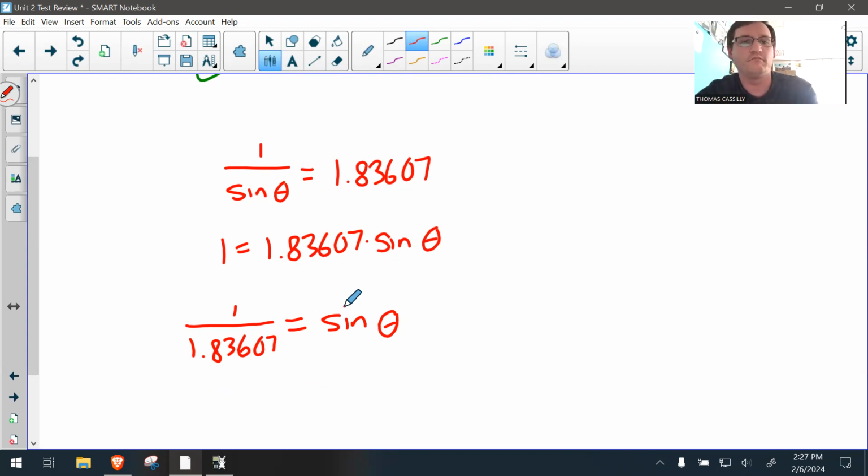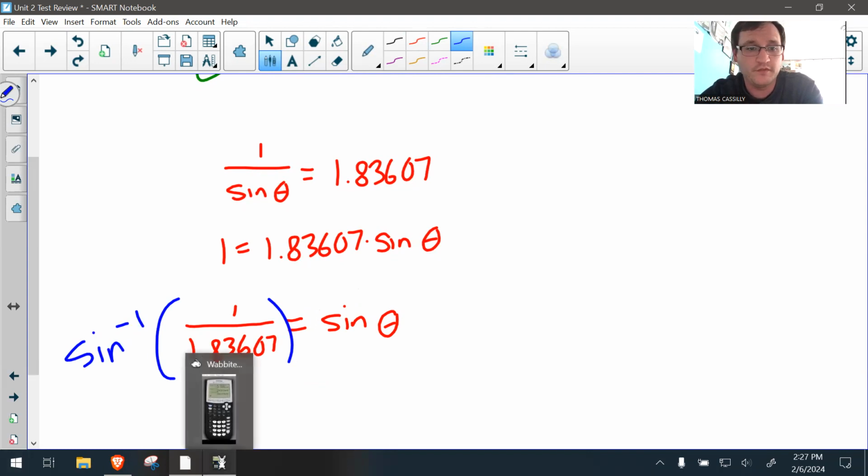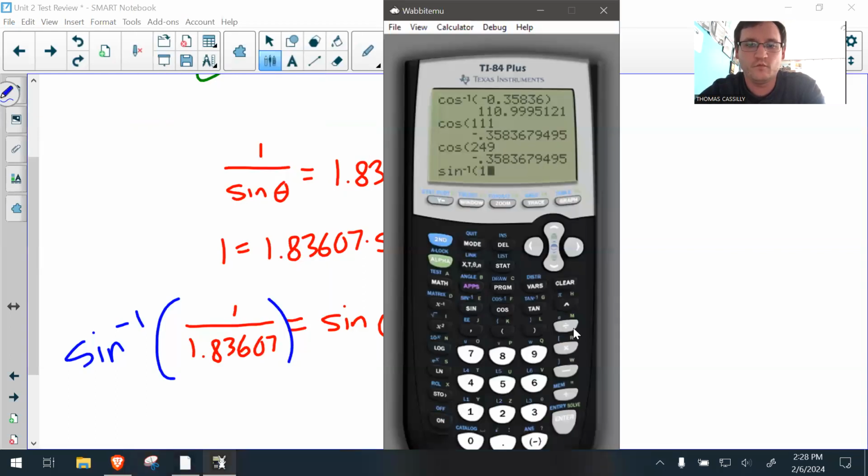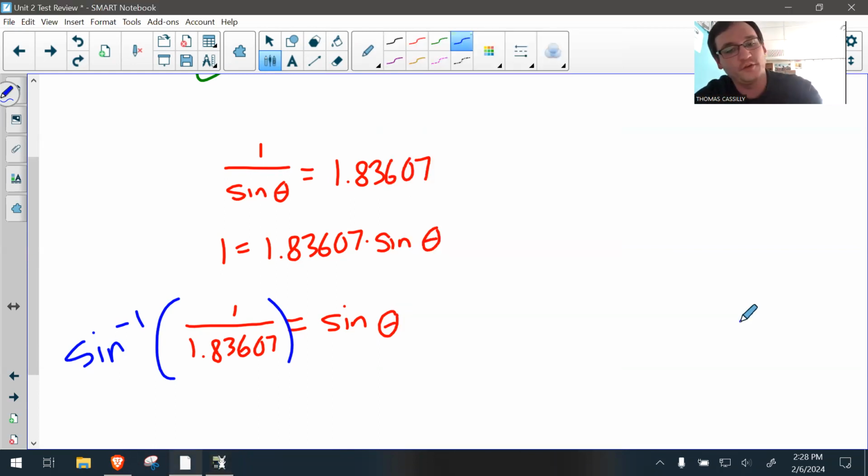Now, we need to inverse this, right, to give us theta. So we have the inverse sine of this fraction now. So it's 1 divided by 1.83607. That's going to give us an angle of 33 degrees. All right, so theta equals 33 degrees.